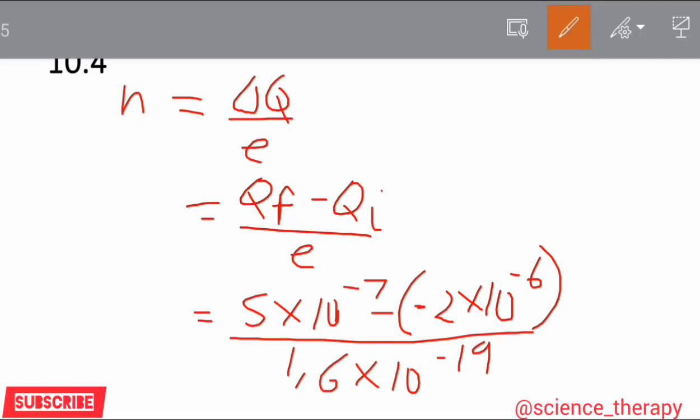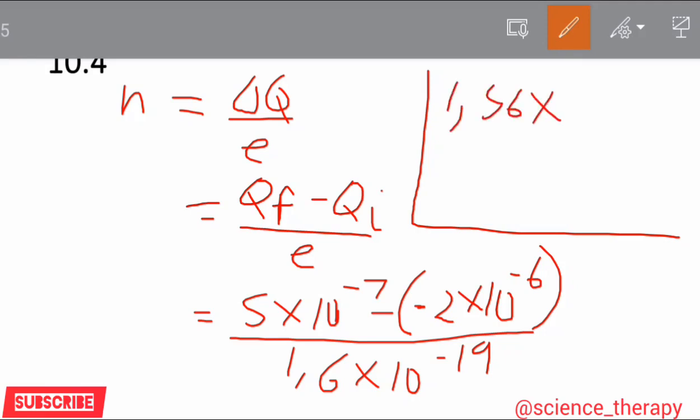We know from the formula it comes out as a negative, but for the sake of, remember your number, the number here of electrons cannot come out as a negative. So that's why we are doing that. We are changing this one to be a positive so that when we calculate number, it doesn't come out as a negative.